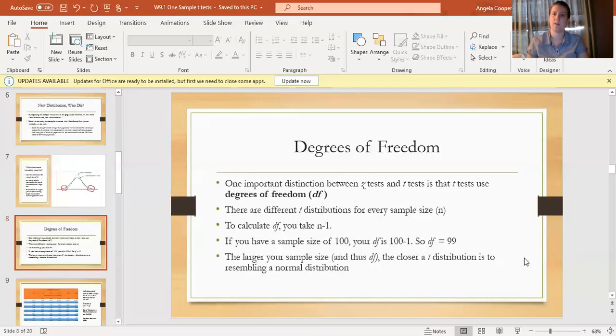So as we move forward with t-tests, this is just the first of many t-tests that we're going to discuss. But with every t-test, we're going to be dealing with degrees of freedom. Okay? So if you see degrees of freedom in a test, when I'm asking you which test you are using, you know it's going to be some sort of t-test.